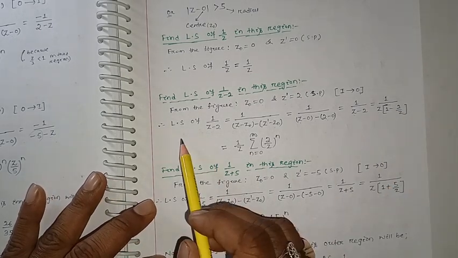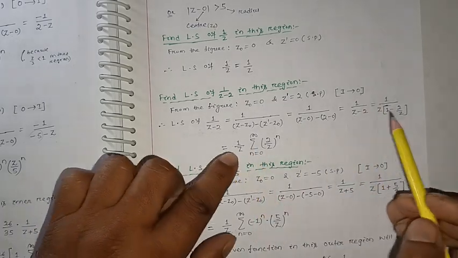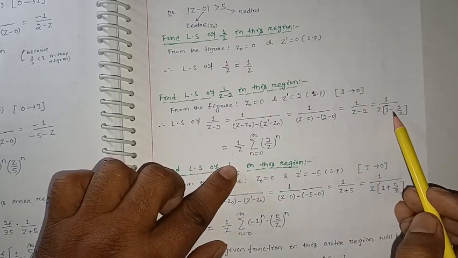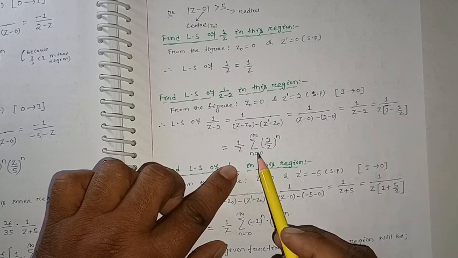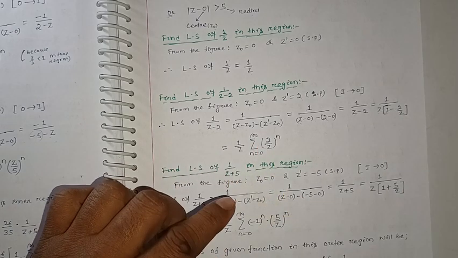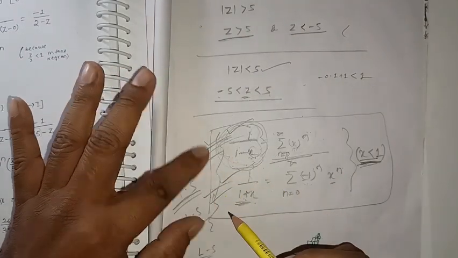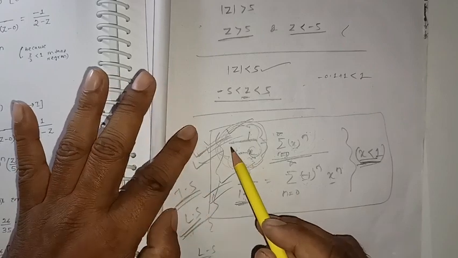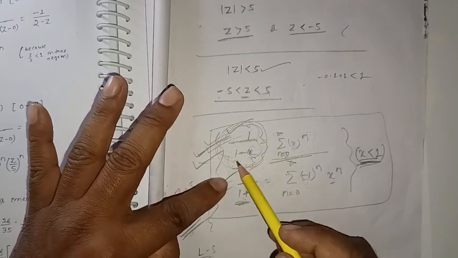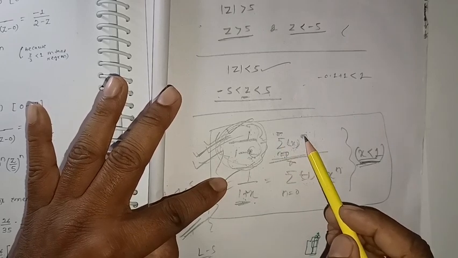So the Laurent series for 1 by Z minus 2 will be equal to 1 by Z, which is there, and then 1 by 1 minus 2 by Z, for which we write the summation over n equal to 0 to infinity of 2 by Z to the power n. Again I suggest you just remember these two series. 1 by 1 minus x, the Laurent series or so-called Taylor series, will be the summation from 0 to infinity of x to the power n.